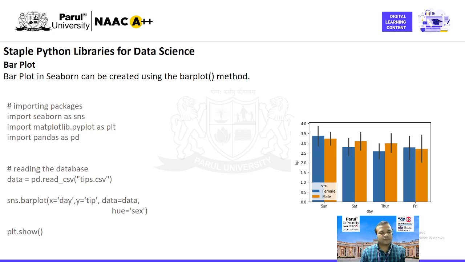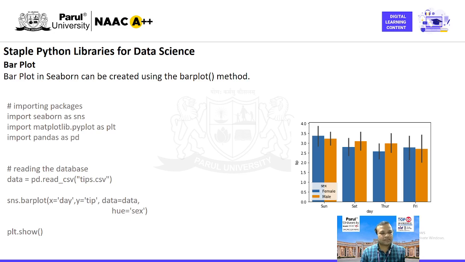Bar plot is also there. A bar plot in Seaborn can be created using the barplot method. There is one more parameter added along with the barplot function, hue. So the hue parameter is added, and we use it for one of the parameters, sex, which is in your dataset.